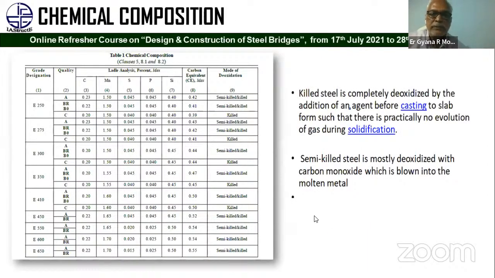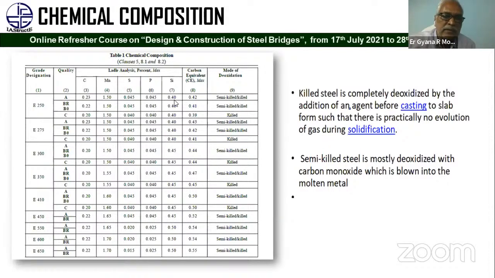This is the chemical composition of IS 2062 grade B. We have here 9 grades. 9 grades start from E250 to E650. So each grade has got again 4 classifications. These are the carbon, manganese, silicon, phosphorus, and this is the maximum.